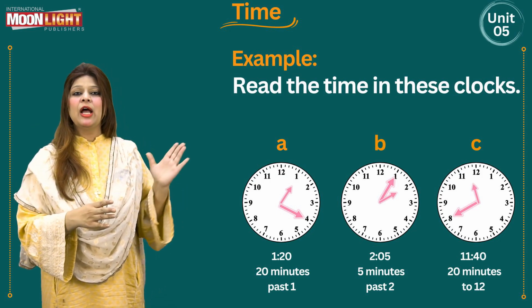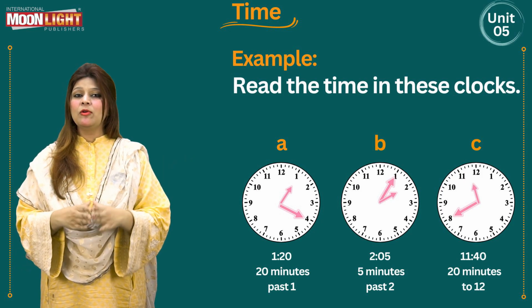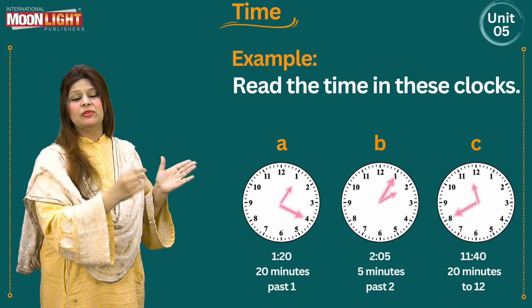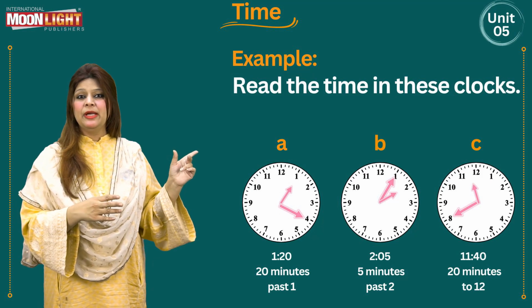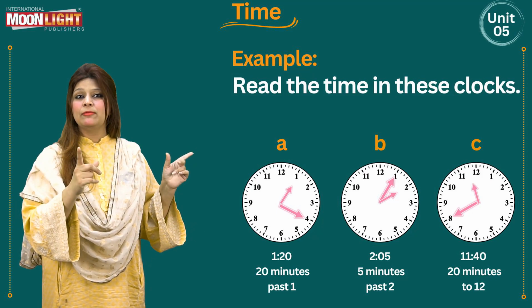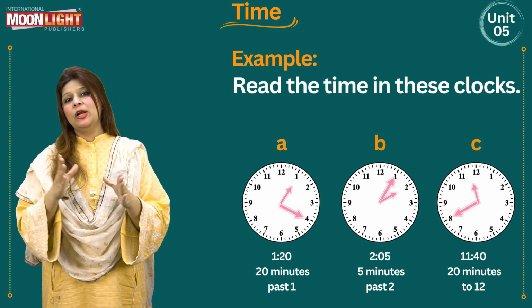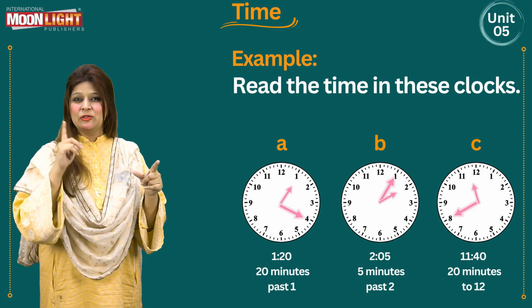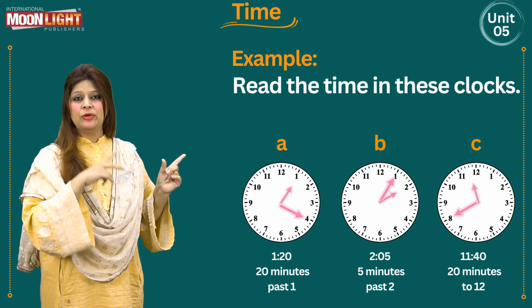Now we have part B over here. In part B you can check on the clock what the time is. The time is 2:05 because the small hand is at 2 and the bigger hand is at 1. This means the first 5 ones are 5. So we say 2, then we write 2 colon.